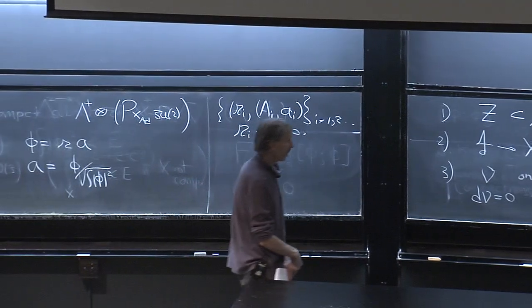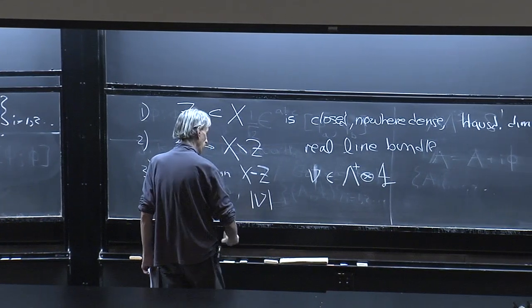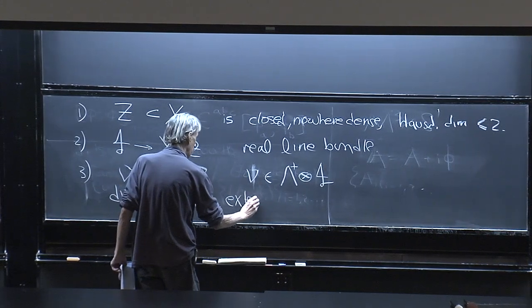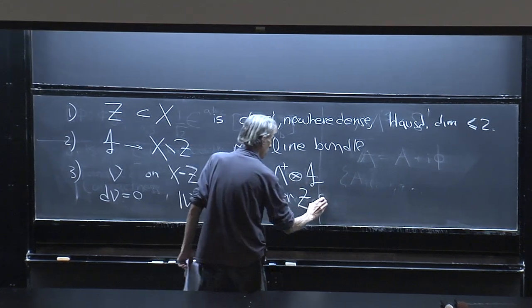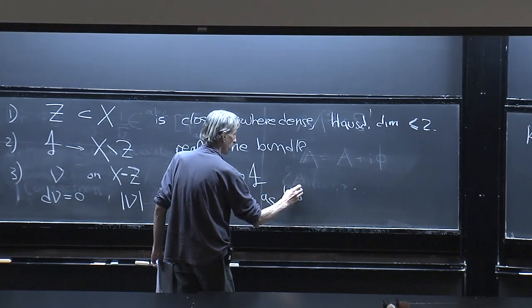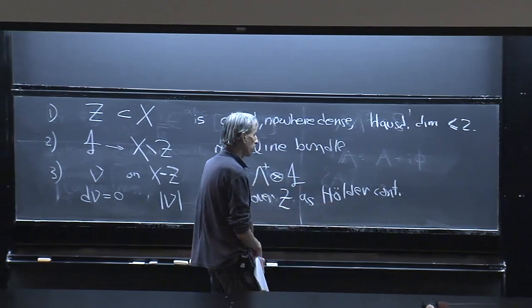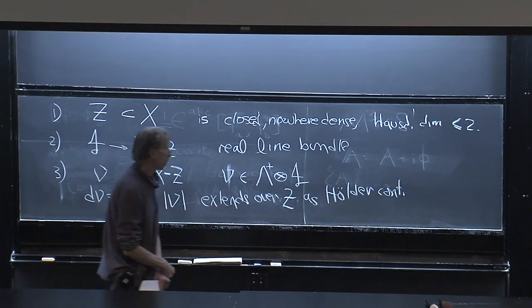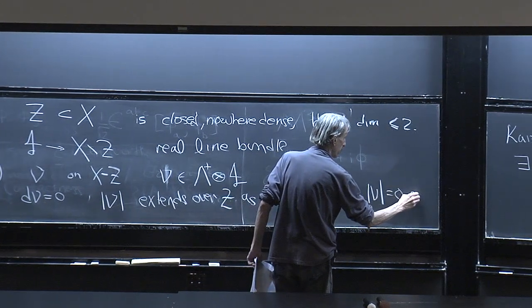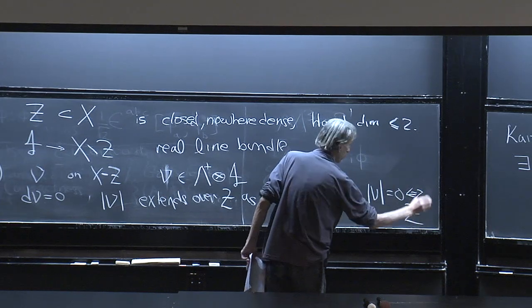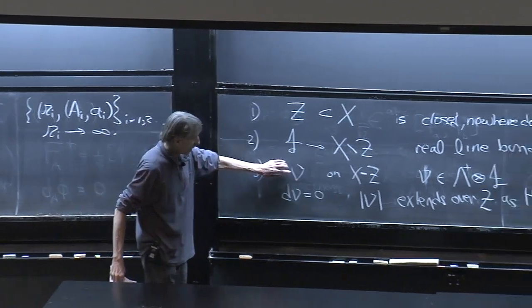And then the last piece of data, and the last constraint, is that if I look at the norm of nu, this extends over Z as a Holder continuous function. And not only that, but the zero set is actually Z. So where nu equals 0, this is the set Z. Okay, so the set Z is picked out by where this two-form vanishes.